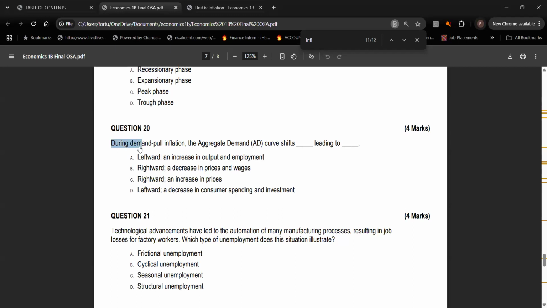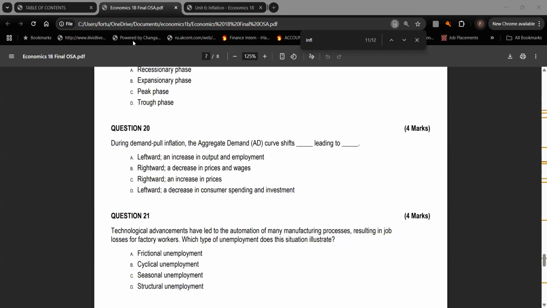So this is what we were just talking about some moments ago, and we've also been looking at the graphs relating to that. Now there comes a question. Let's see. All right, I see answers are coming in. I see one person has answered. What do the rest of you think? What happens when demand pull inflation takes place?